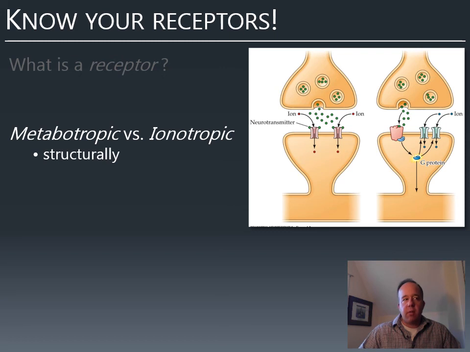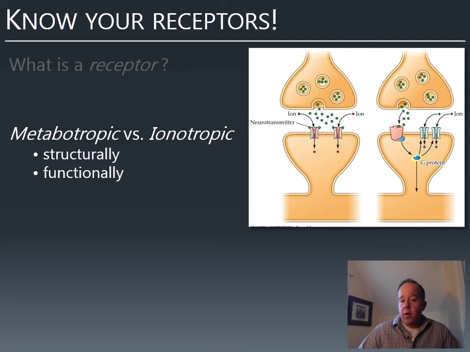The receptor can have lots of effects because it uses this indirect signal that can go lots of places. An ionotropic receptor, all it can do is open. A neurotransmitter binds to it, the channel opens, it lets some ion through, but a metabotropic receptor, a neurotransmitter binds to it, and it sends off a chemical signal that can do any number of things, including letting distant ion channels open up.